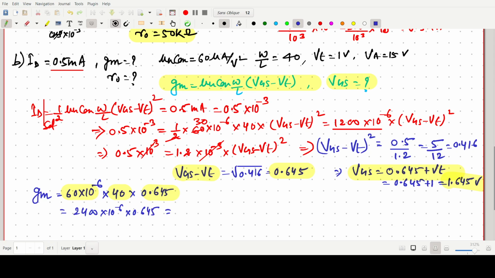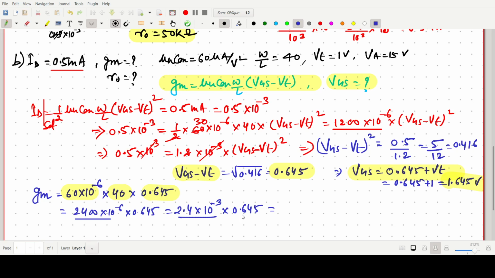We can write 2.4 into 10 to the power minus 3 into 0.645, because maximum time we write gm in millisiemens or milliampere per volt.